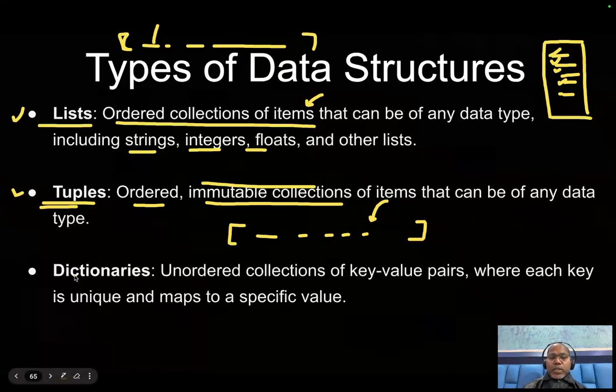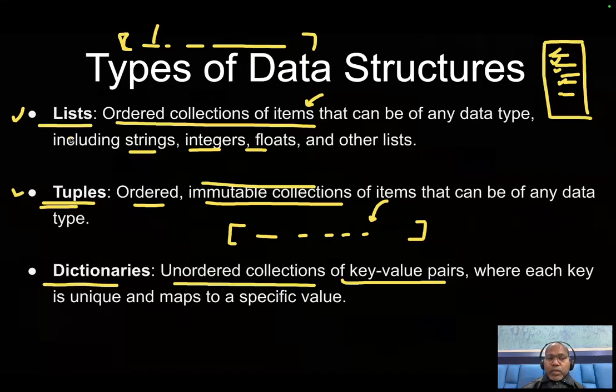And the dictionary, sometimes called a mapping, is an unordered collection of key-value pairs. Lists and tuples keep order: the order in which you put in the data is the same order you get it back. But the dictionary, or map, is a kind of key and value: key 1 with corresponding value 1, key 2 with corresponding value 2, key 3 with corresponding value 3.